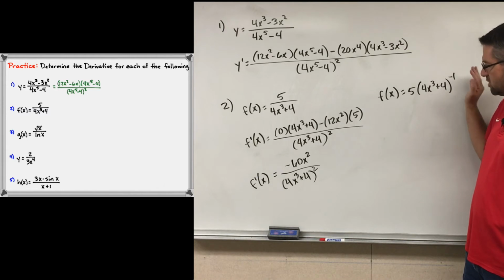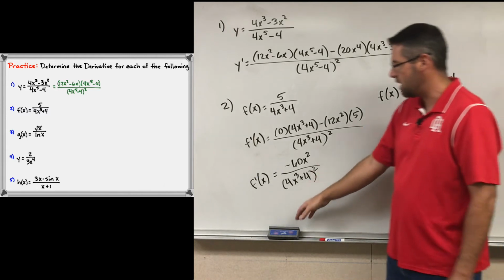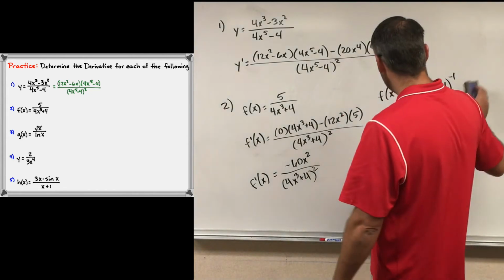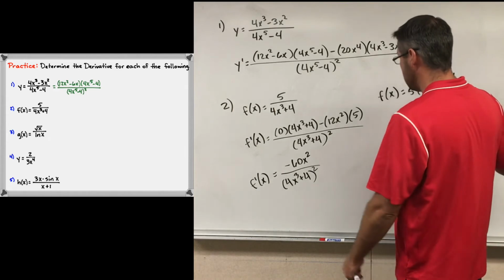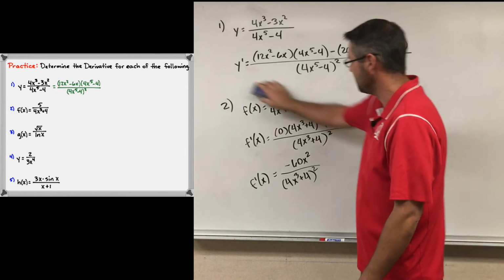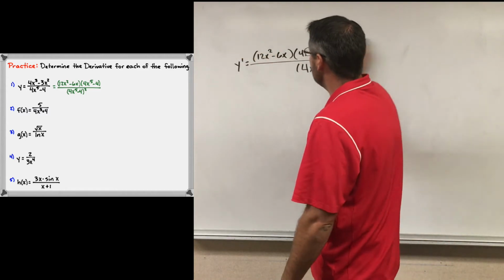Again, this would be the chain rule, and it will produce the same thing. We're not here yet, so we have to apply the quotient rule. And to be honest with you, I forgot that was going to need the chain rule. I thought I was going to be able to use the product rule or something there, and oh well. That's why I wrote it down. But anyways, let's go on to the next one.